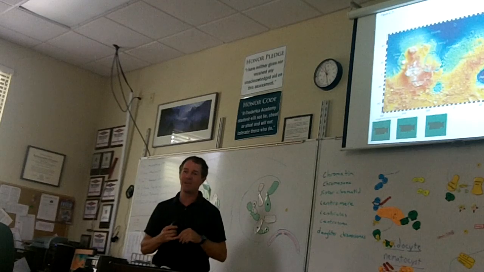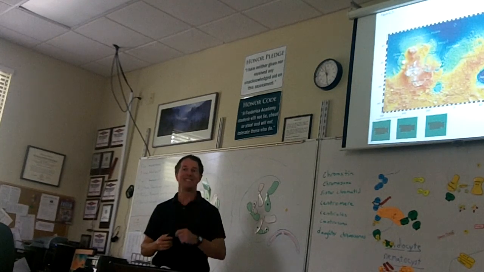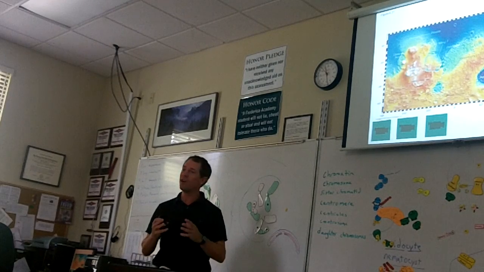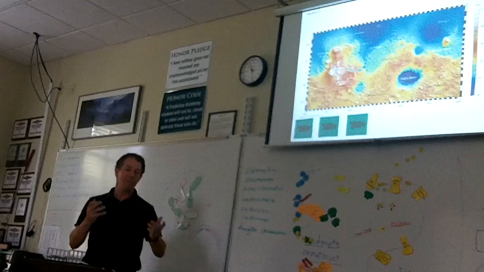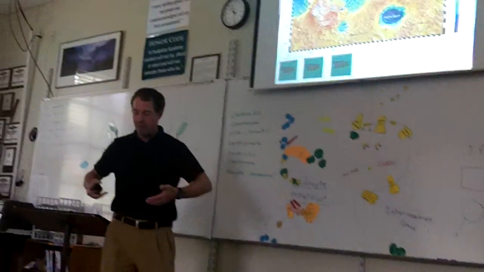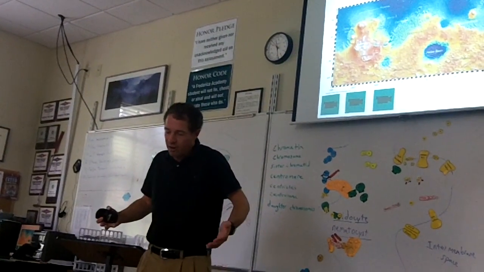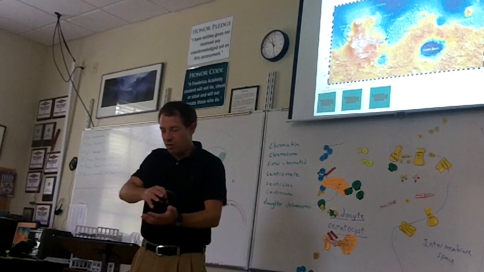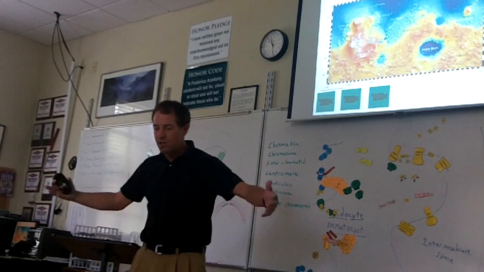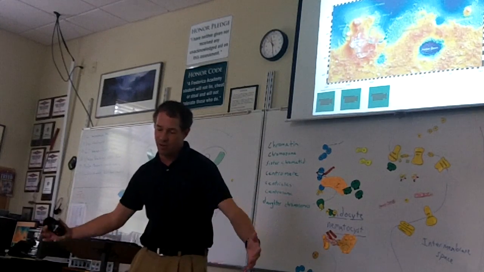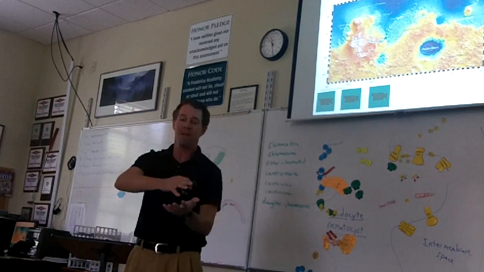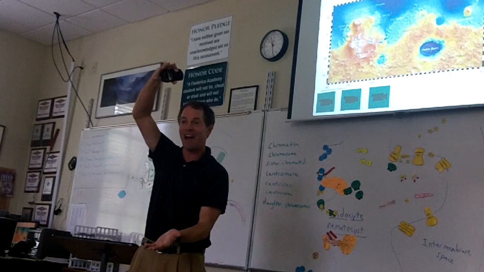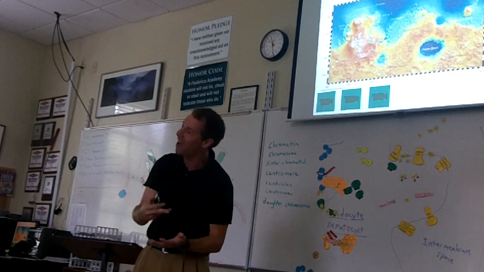Think about the size of the planet. Not much gravity to pull it back down. That's exactly it. Mars doesn't have much gravity. If you go to Mars, you're going to weigh like 30% of what you weigh on Earth. And this is true for all the features. If there's volcanic activity and lava's coming up, pushing the rock up, the rock's going to be pushed up a lot higher because it's not pulled down by the gravity so much.